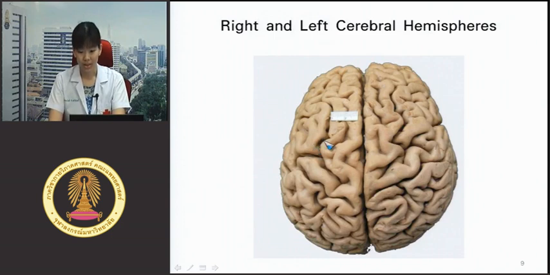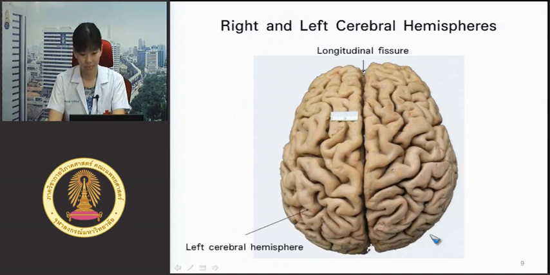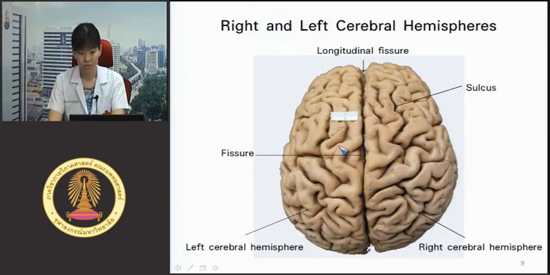Now we look more deeply into each part of the brain, starting from the cerebral cortex. The cerebrum is divided by the longitudinal fissure into left and right cerebral hemispheres. Note the shallow groove is called a sulcus, the deep groove is called a fissure, and the convolution of the brain is called a gyrus.